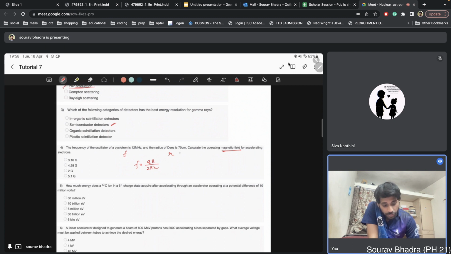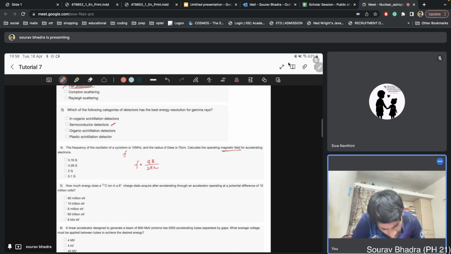The radius is also given, 0.7, m is given, q is given, and f is given. So you can calculate the other things. Frequency f is actually 1 by T. You have to calculate the operating magnetic field.